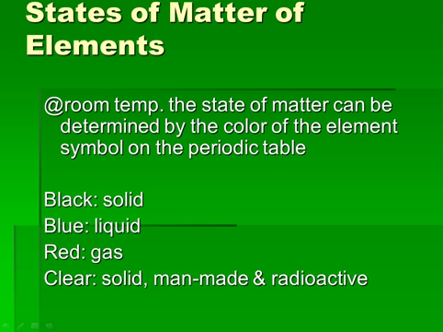All of those elements are man-made elements, and they're radioactive, and they tend not to stay around for very long, and some of them we don't know a whole lot about because they were created in a lab by people like Tony Stark that have particle accelerators and like to make elements in their spare time. So those are your man-made elements. So if you see an element on my periodic table that's clear, that means it's a man-made element.